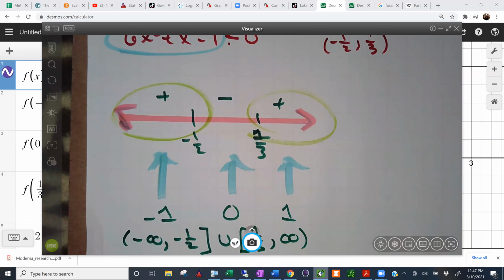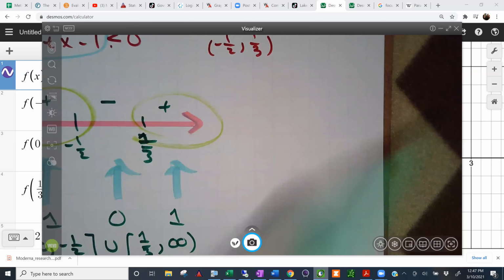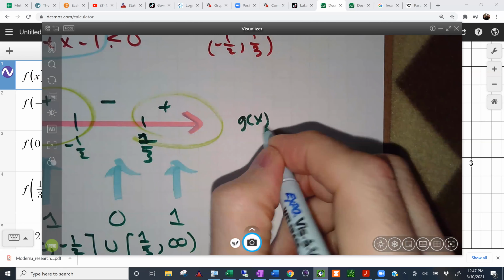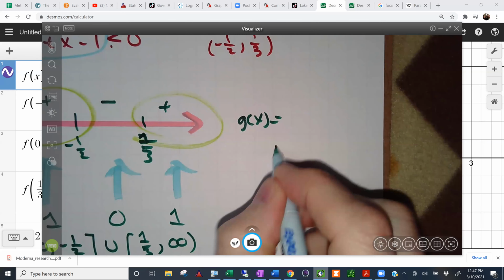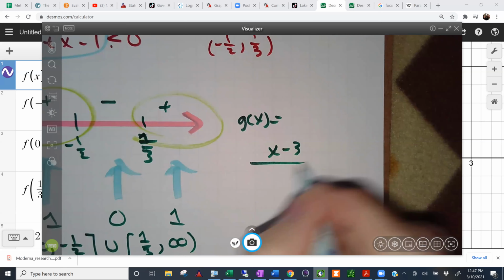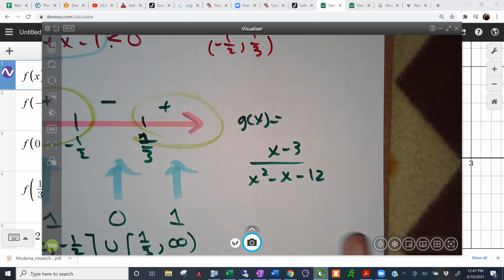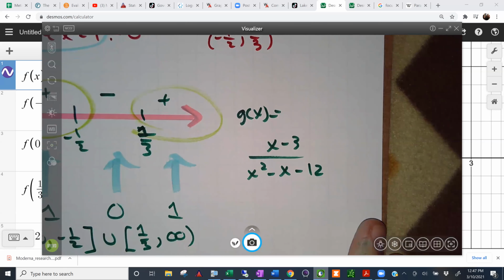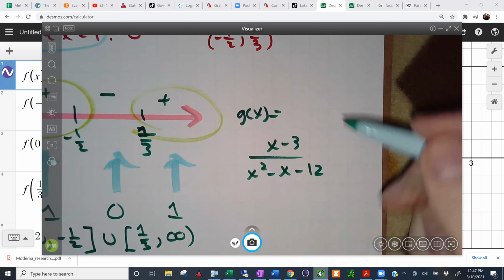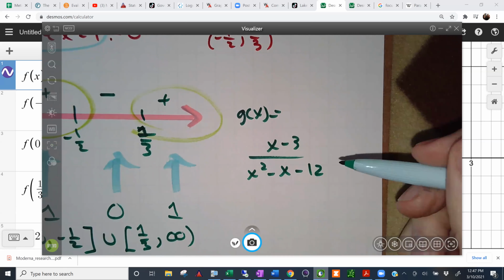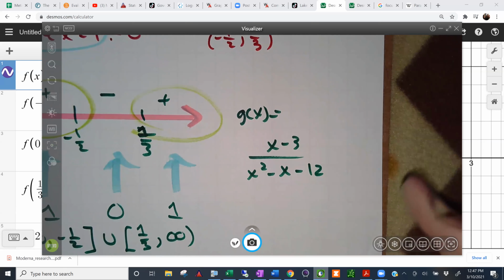Let me give you an example of a rational inequality. It'd be something like g of x equals x minus 3 over x squared minus x minus 12, something like that. Okay, that's a rational inequality. Its graph is going to look pretty ugly compared to the graph of a nice parabola.